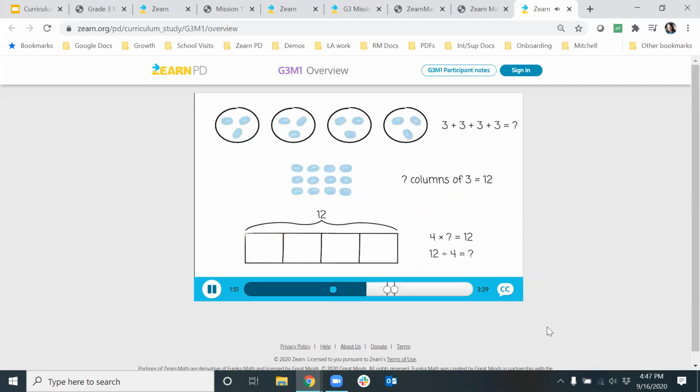And with this, we'll get the opportunity to explore the relationship between multiplication and division. So while the unknown will change throughout the mission, and the models and strategies for solving will get more and more sophisticated, the focus will remain on equal groups.